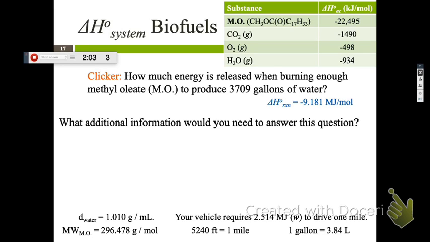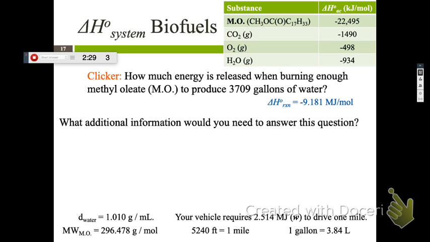Does everyone have the balanced equation written down? 1 methyl oleate with 27 oxygens to 19 CO2s and 18 waters. And I would advise you to think unit conversions here.